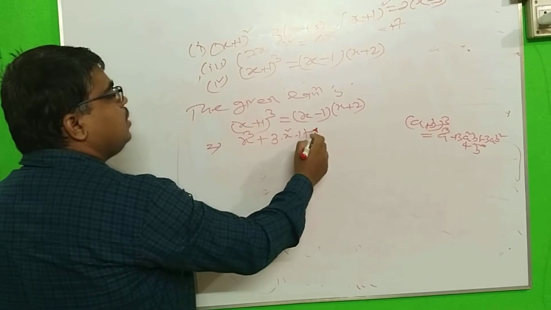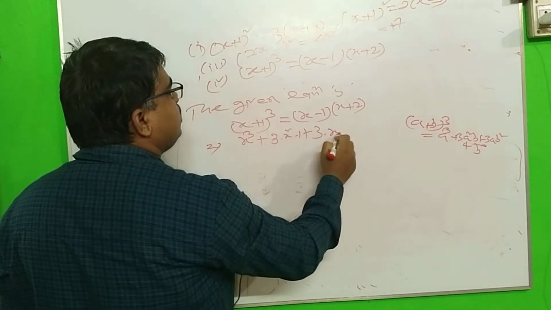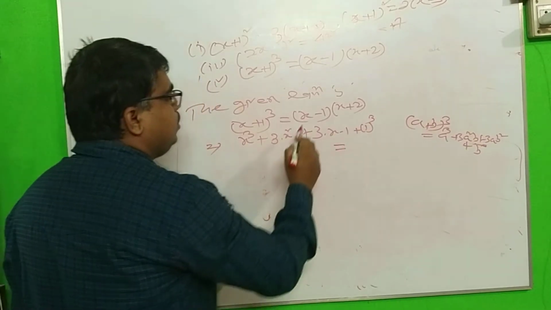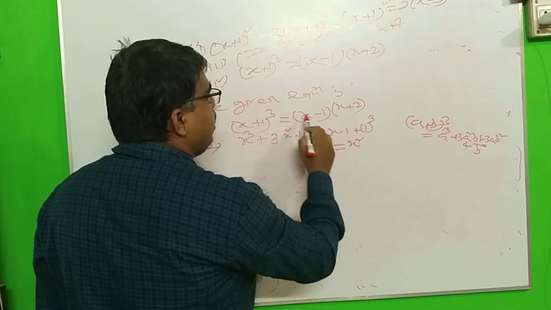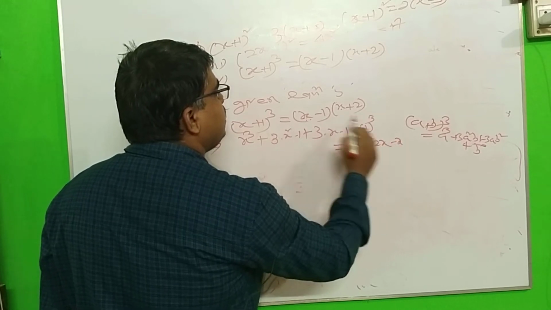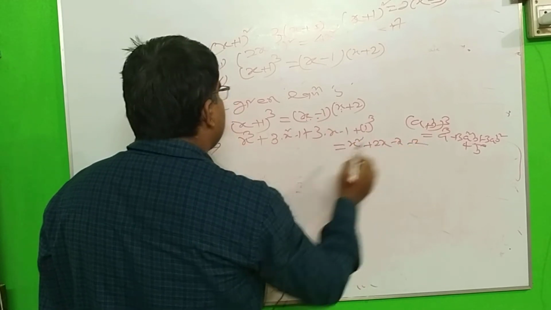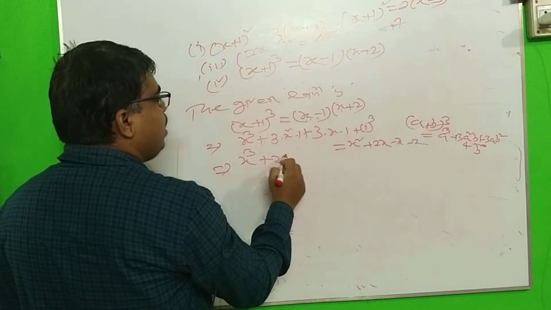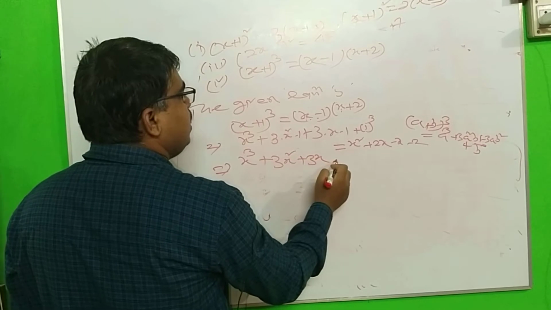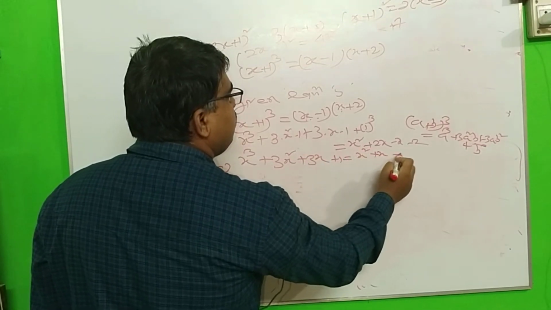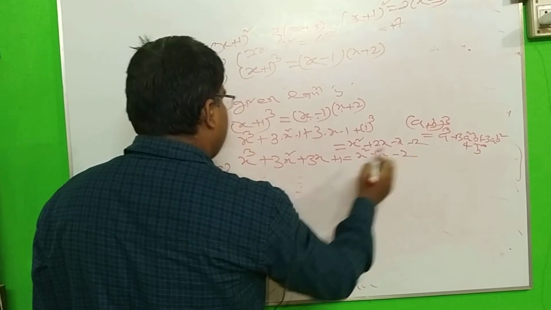So 3 into x into 1 plus 1 cube equals x into (x square plus 2x minus x minus 2). This implies x cube plus 3x square plus 3x plus 1 equals x square plus x minus 2.